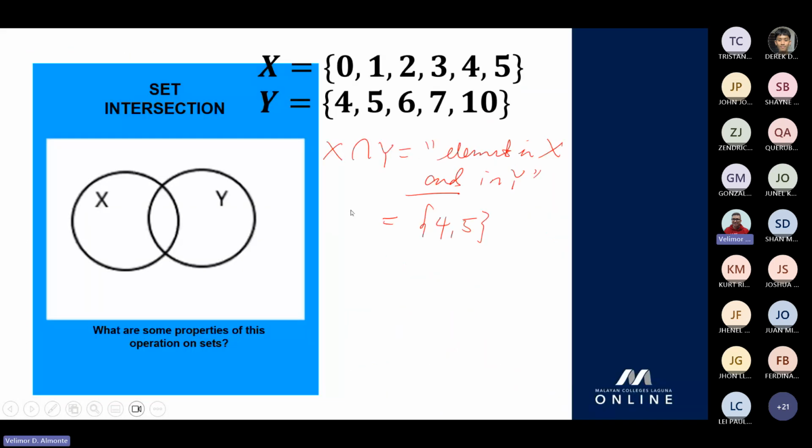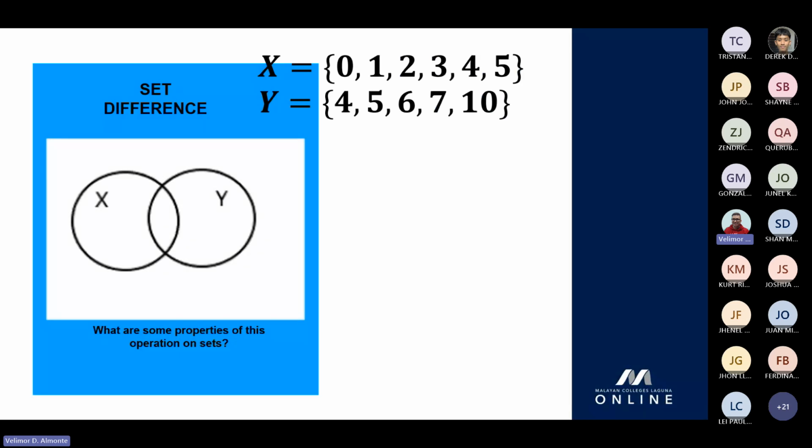Just like set union, if I get the intersection of x and y, that is y intersection x. So in this case, the shaded region is just the overlap. Next, set difference. X minus y is the symbol: elements in x but not in y.